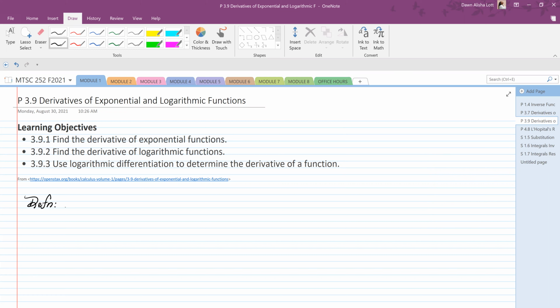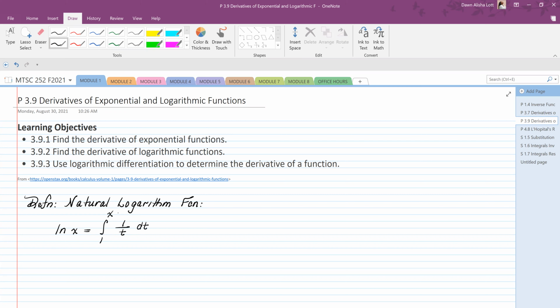Okay, so the natural logarithm function is defined to be the natural log of x is defined to be the integral from 1 to x of 1 over t dt.